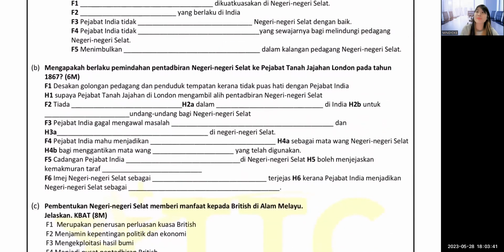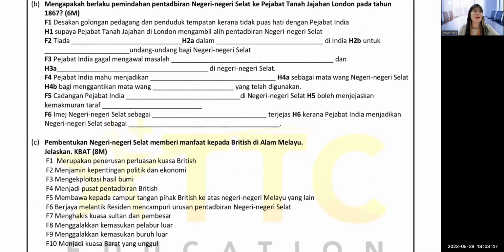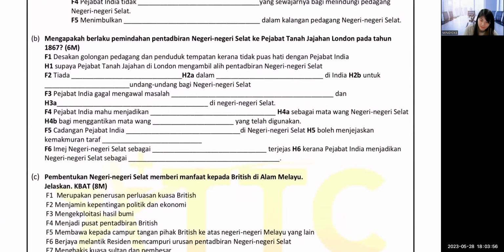Example, you see, we just done this one. Guys, look at your page 16. Example, you all look at the screen. You don't need to do first. Why? Because I want you all to refer on here. Pemindahan pentadbiran negeri-negeri Selat ke London. You see here? Mengapa means what?